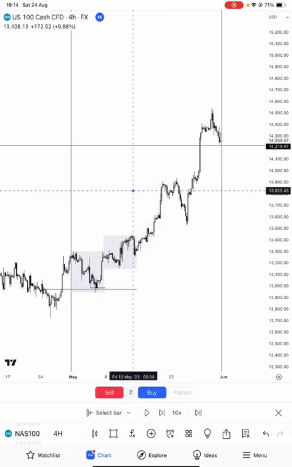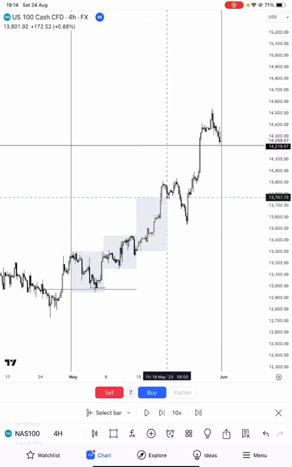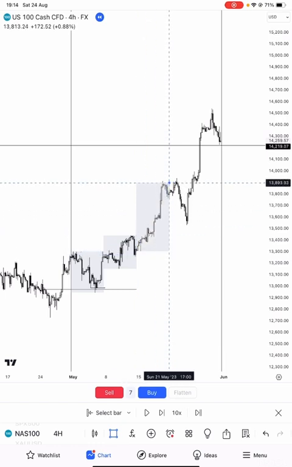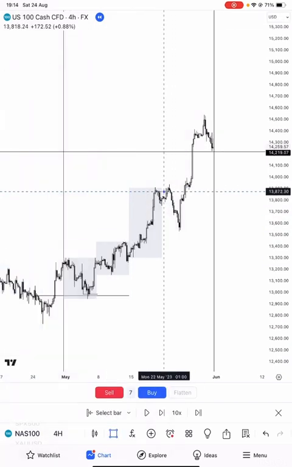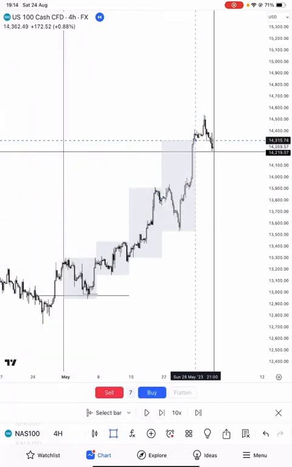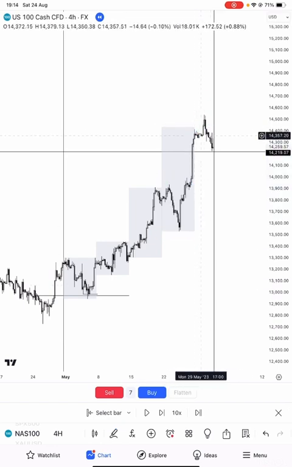And these are time ranges, not price ranges. Week 2, week 3, and finally week 4 until there.